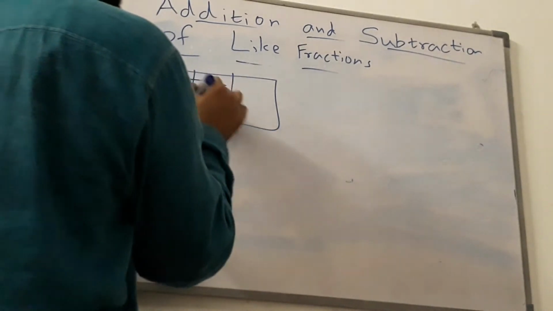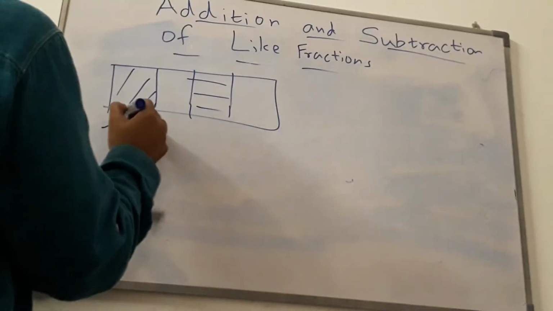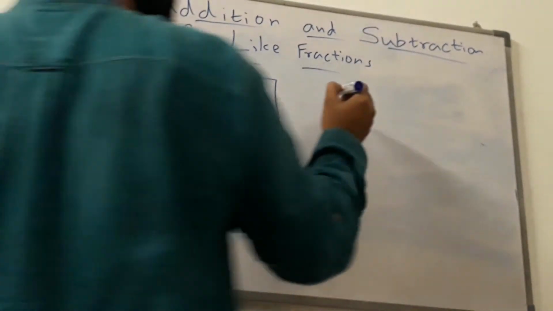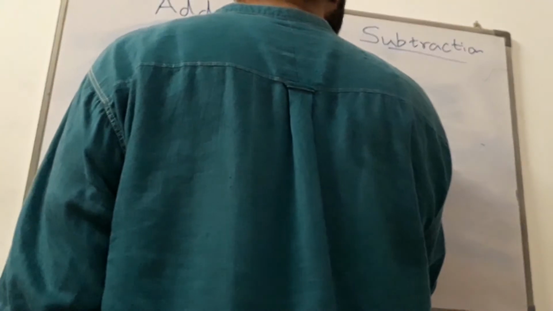Same as this, this is 1/4. This is also 1/4, or a quarter. A quarter plus a quarter equals 2 quarters.